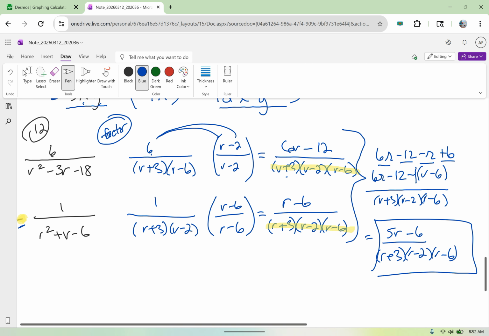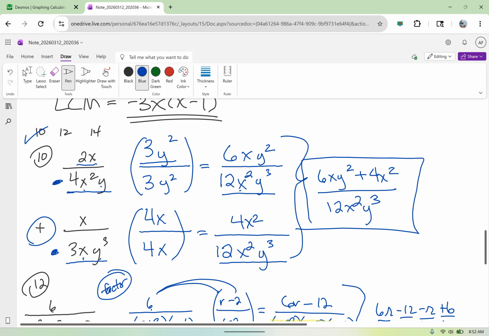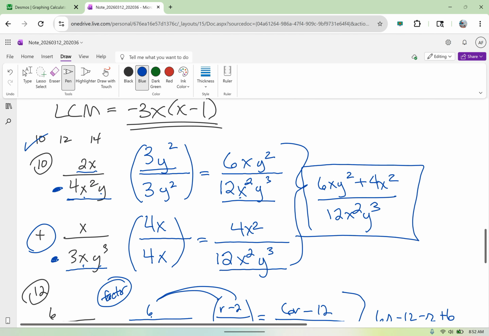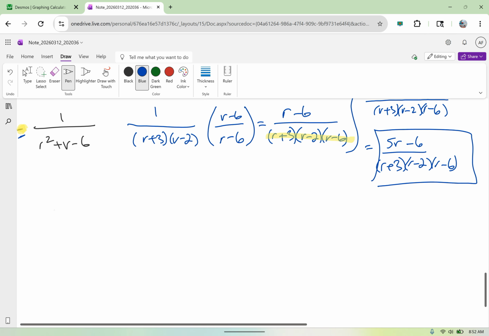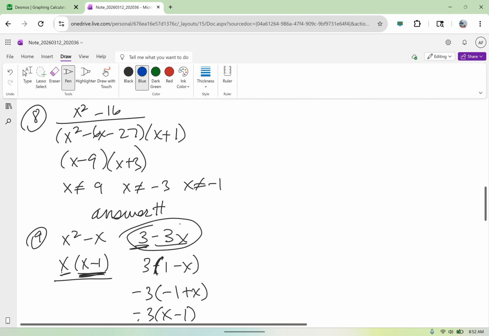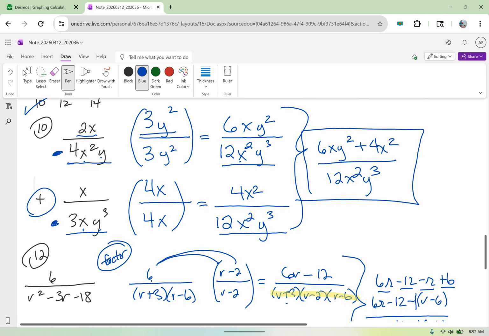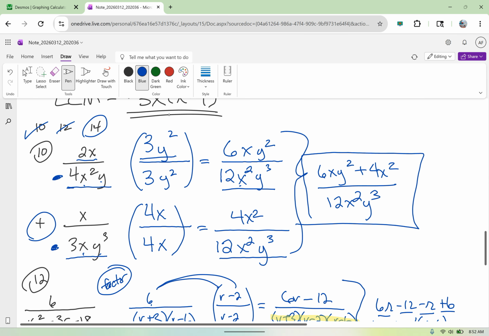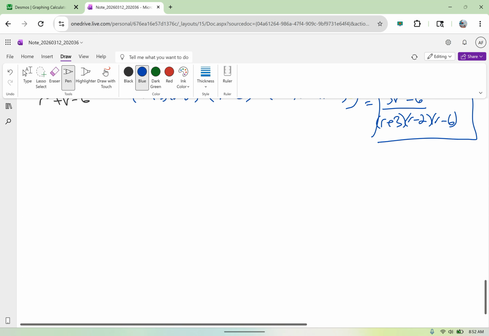All right, 12 is done. Oh, 10, 12, we have 14 to go for this section.